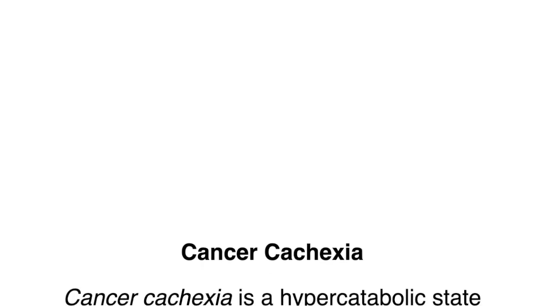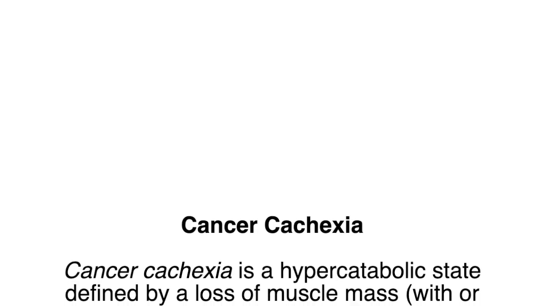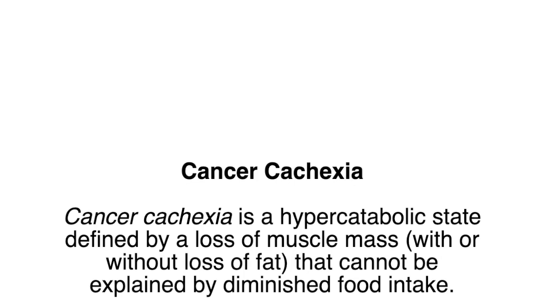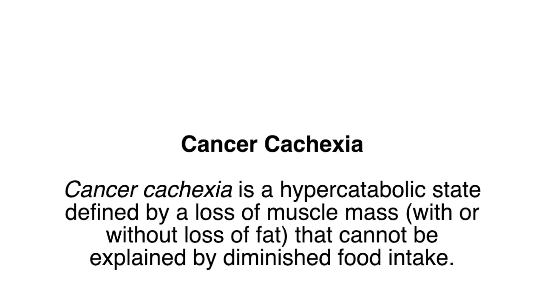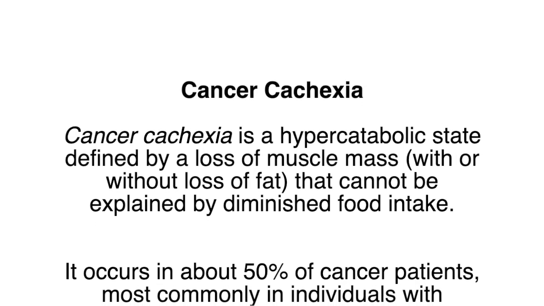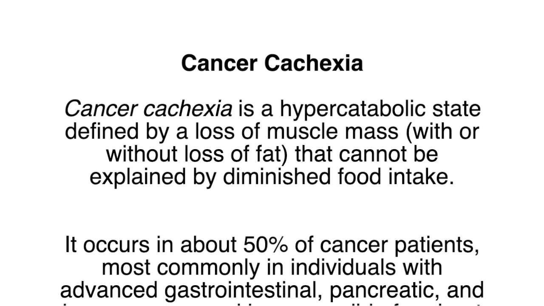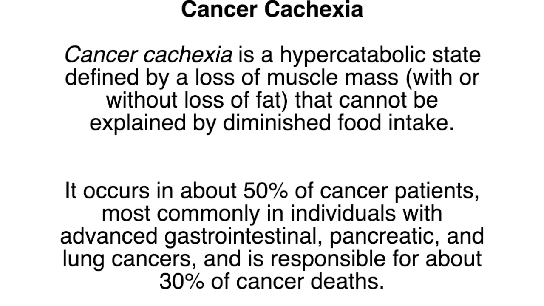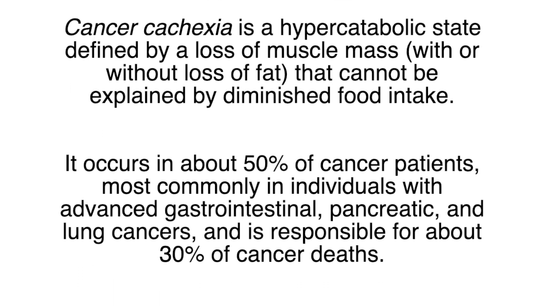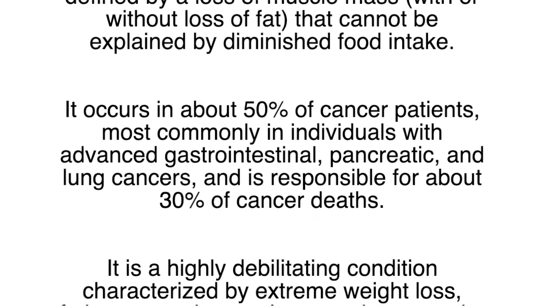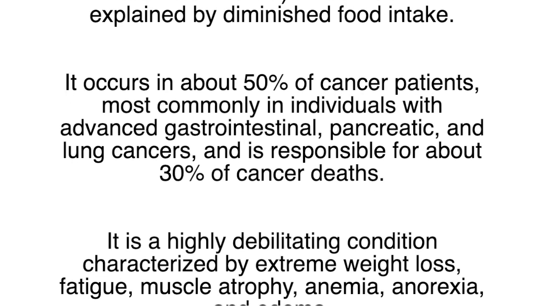Cancer cachexia. Cancer cachexia is a hypercatabolic state defined by a loss of muscle mass with or without loss of fat that cannot be explained by diminished food intake. It occurs in about 50% of cancer patients, most commonly in individuals with advanced gastrointestinal, pancreatic, and lung cancers, and is responsible for about 30% of cancer deaths.